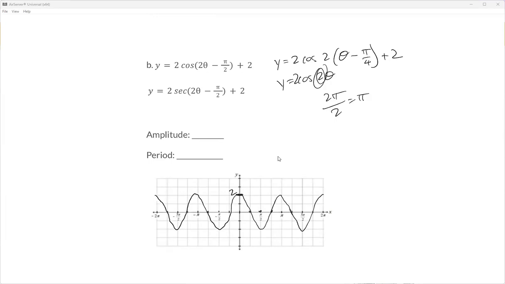So far, so good. Then you shift it right pi over 4, right? So we move every point here, here. Okay.